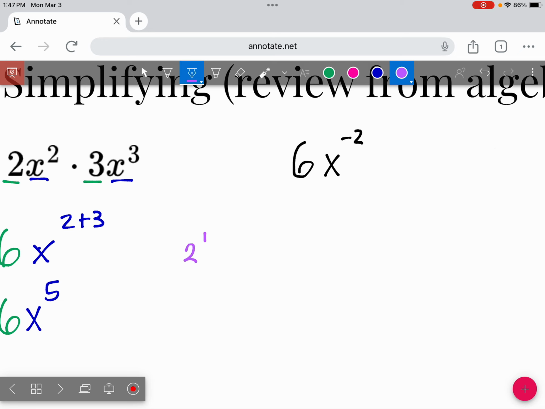I'm going to do a thing to help us think through and figure it out. What's 2 to the first? 2. What's 2 squared? 4. What's 2 cubed? 8. What's 2 to the fourth? 16.